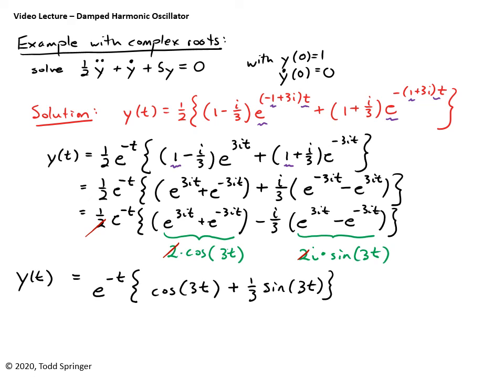There are two pieces to it. There's an oscillatory piece, so this is the oscillation: cosines and sines. It's a periodic function oscillating in time. And then there's this thing sitting out front, which is like an amplitude which depends on time.